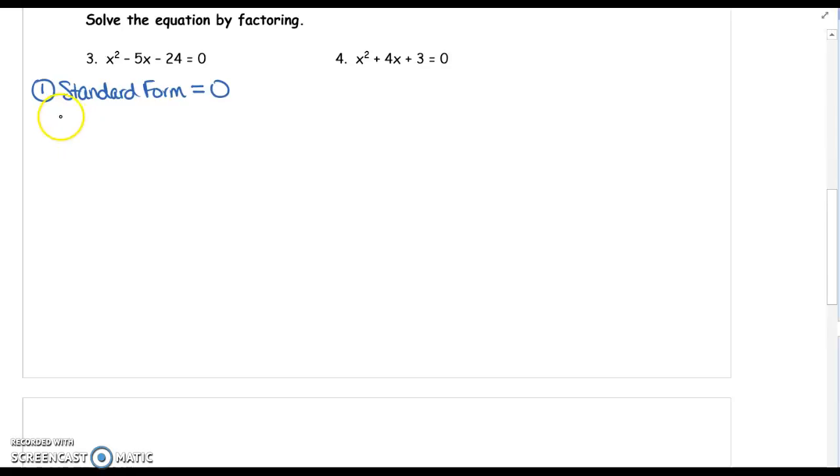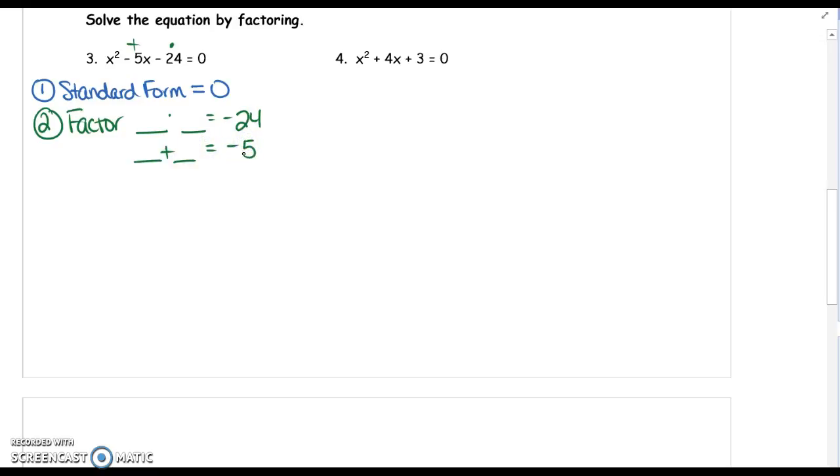Step 2, we are going to factor using the blanks just like we did yesterday. So for right now, we're going to kind of ignore that the equals 0 is there and just think about we're multiplying two numbers to get negative 24. Those same two numbers have to add up to negative 5.